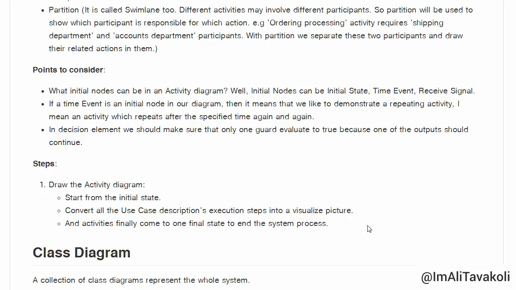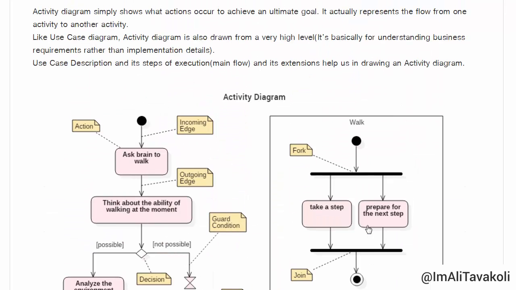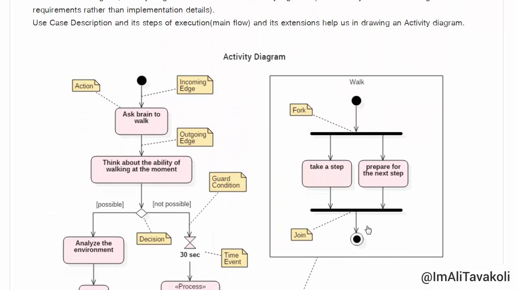I mean, we will start the activity from an initial node, and then different actions in different situations, based on different decisions or forks, will happen, and then we will come to a conclusion and a final state notation. And that's it. That's how we draw an activity diagram. All right, let's go all the way up and see our examples and see how we can draw an activity diagram practically.